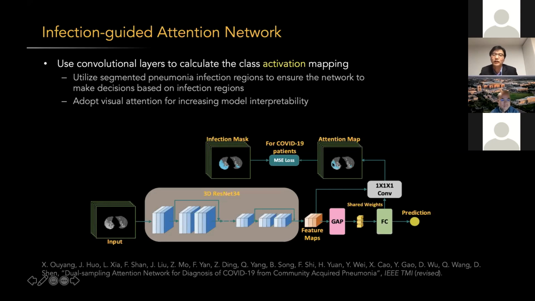We hope this attention map will be similar to the infections segmented by the automatic algorithm I mentioned in the first part of the talk. And we hope this infection segmentation and attention can highly match, which means we are going to use MSE loss to measure their difference. Then by using this attention refinement combined with this prediction, we can get very good results.